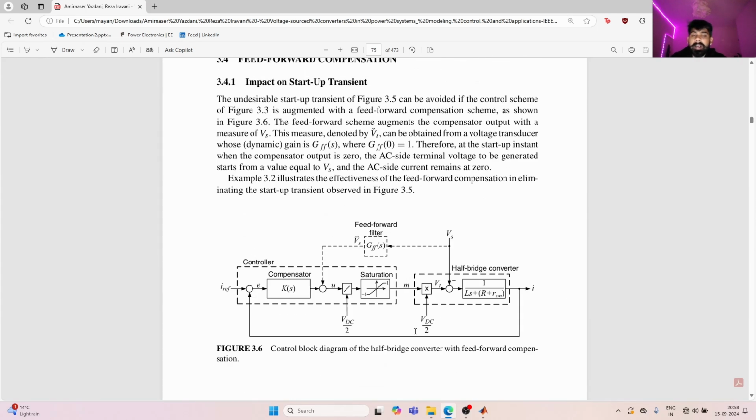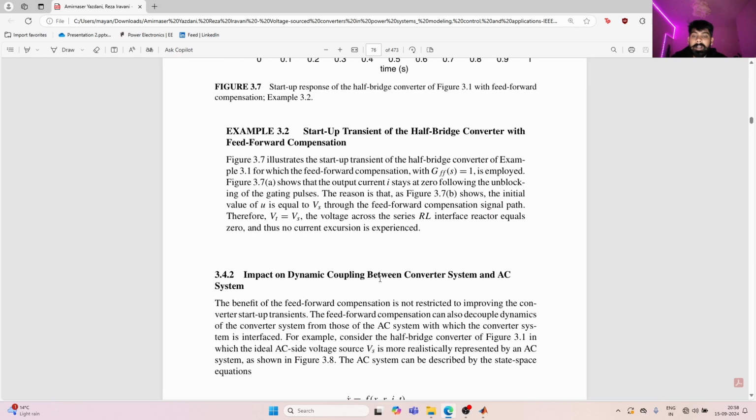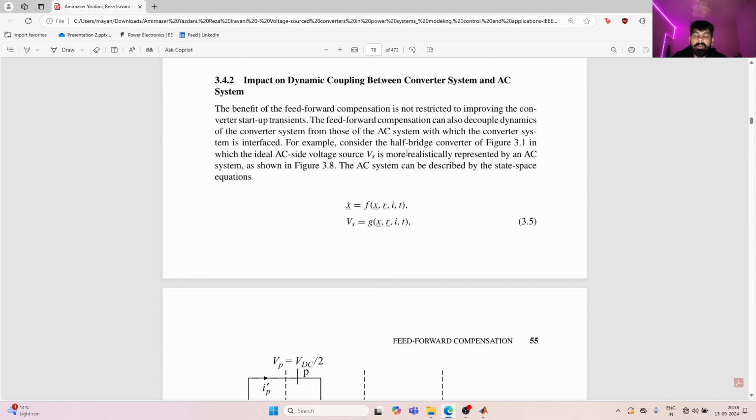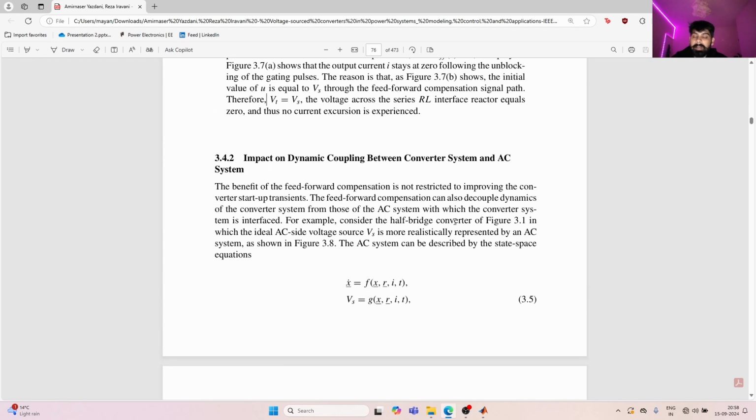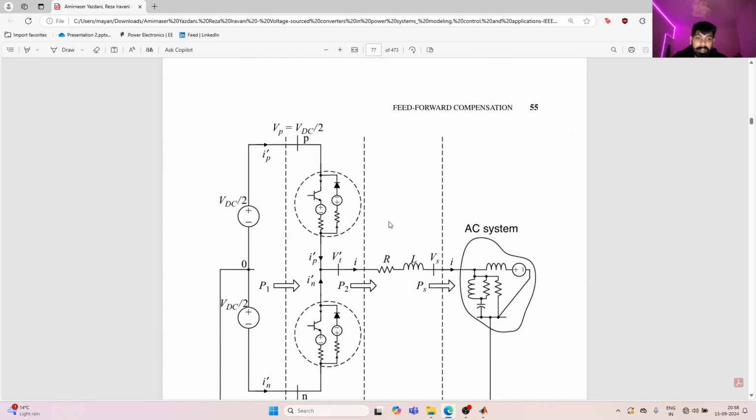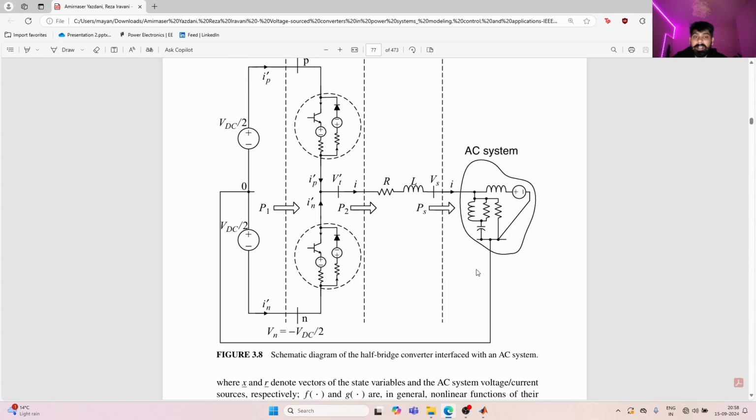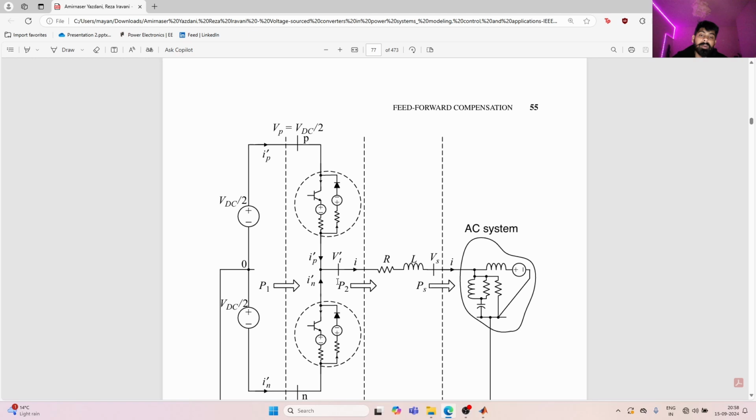And this is how the updated block diagram looks. In the next video we'll see the other advantage, which is decoupling the AC and the converter system. So if there's a proper AC system, we'll replace the source with the AC system, and there would be some oscillations in the current and voltage that will impact the terminal voltage as well as the output current of the converter.